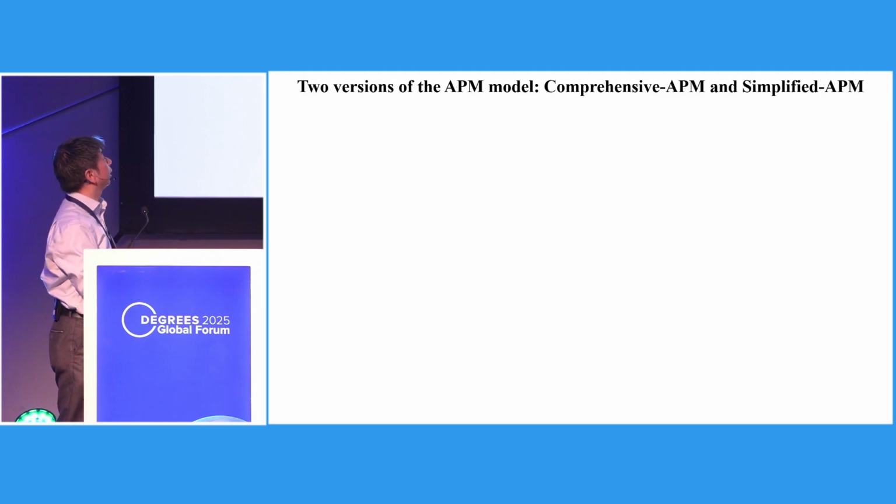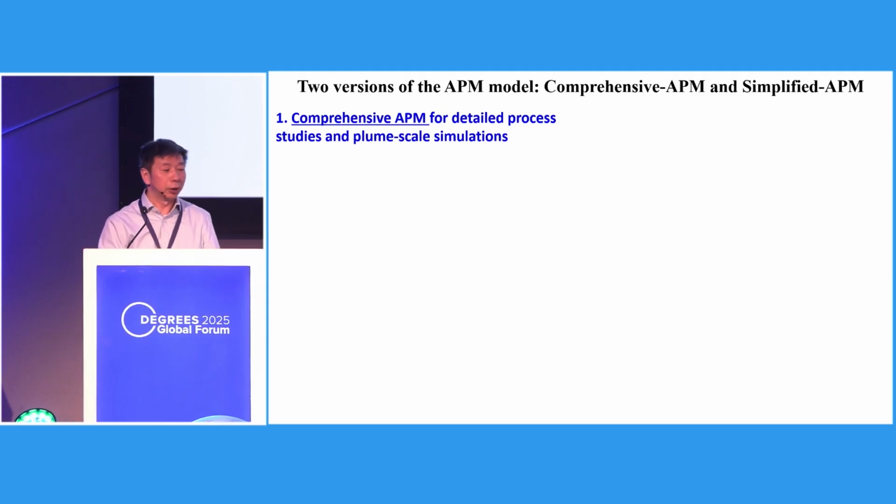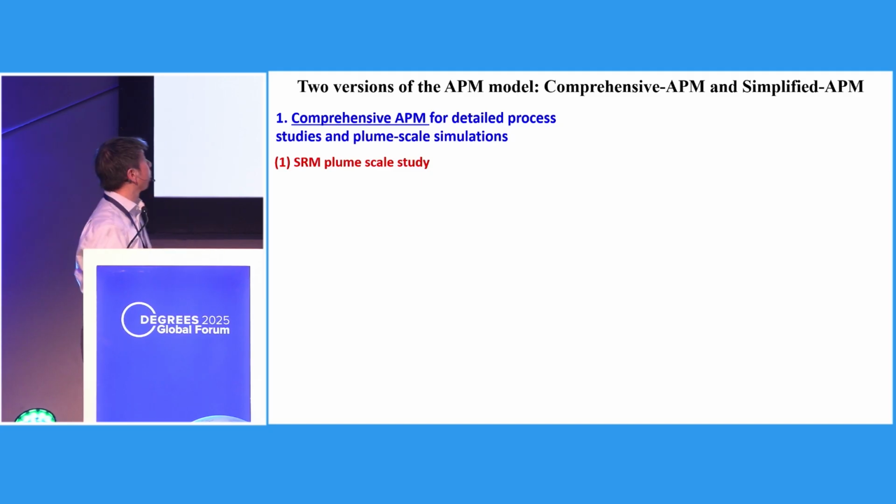In the literature, you probably see two versions of the model. We call them the comprehensive APM and the simplified APM. The comprehensive APM is for detailed process study, especially for the plume scale. We have used this model for the SAI plume process.